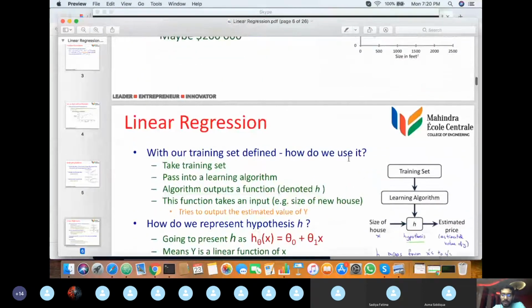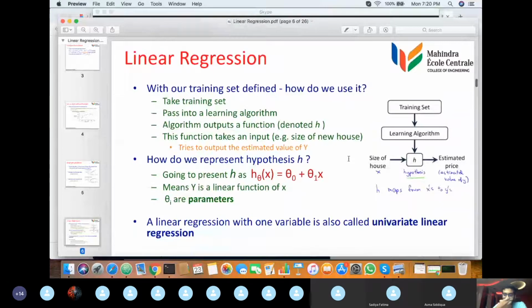So we'll go through what exactly machine learning is, and revise what we went through yesterday. Yesterday we saw this particular formula: y is equal to b naught plus b1x.